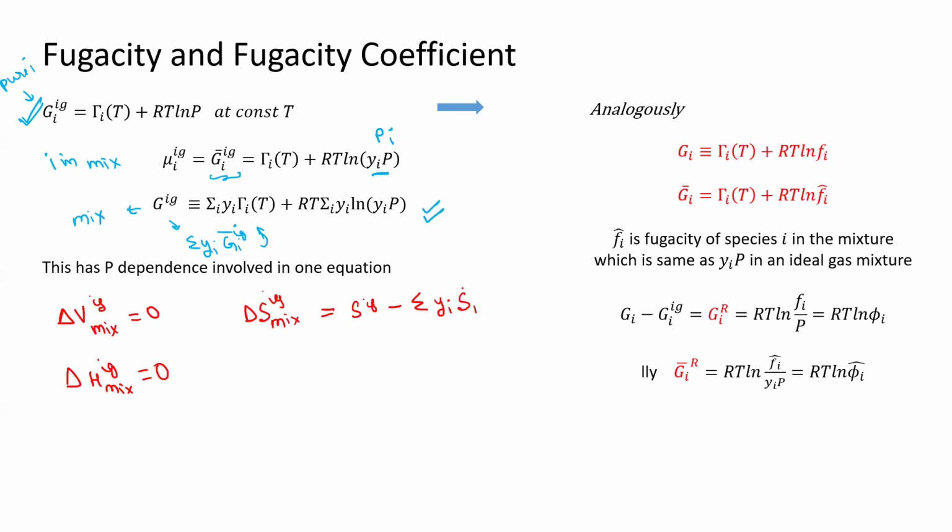This is defined like this, okay? Equals R sigma Yi ln Yi. And the next one is delta G mixture in ideal gas, which equals RT sigma Yi ln Yi. Okay, so please make note of this.